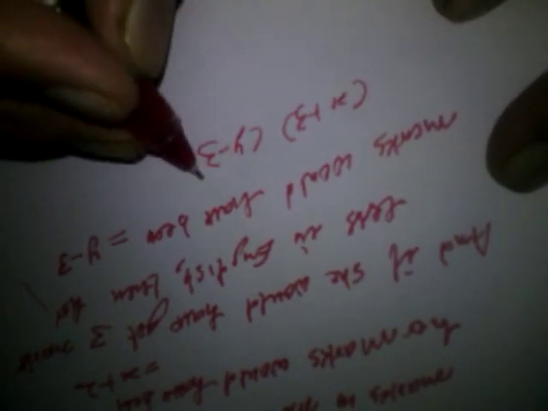Earlier she got y, now she got 3 less, so this is y minus 3. And it is given in the question the product of these marks, that is x plus 2 and y minus 3, is 210. So (x plus 2) into (y minus 3) is equal to 210. Let it be equation number 2.